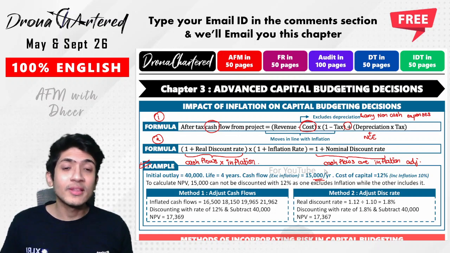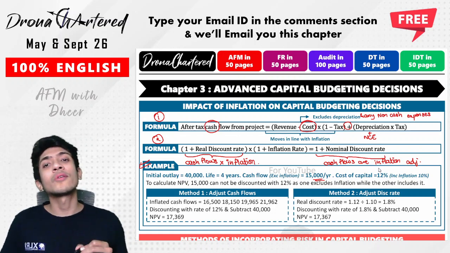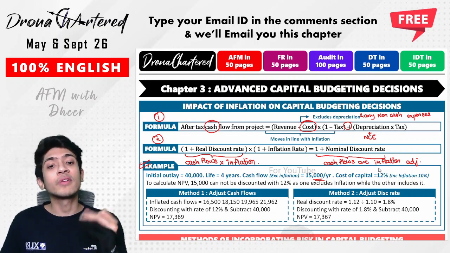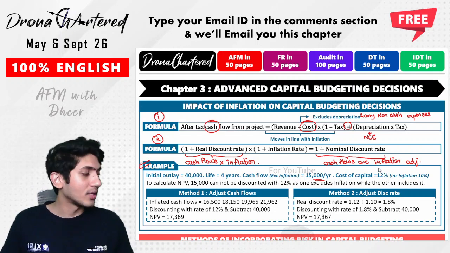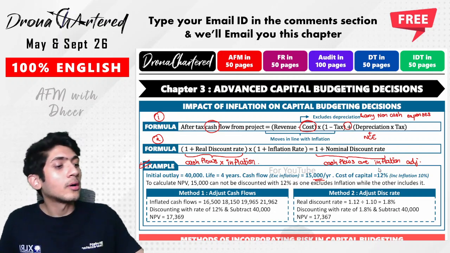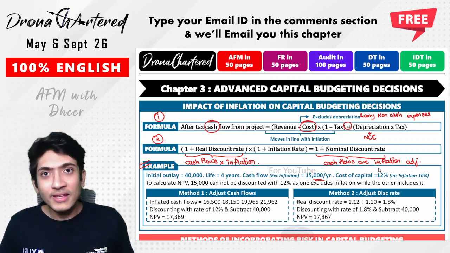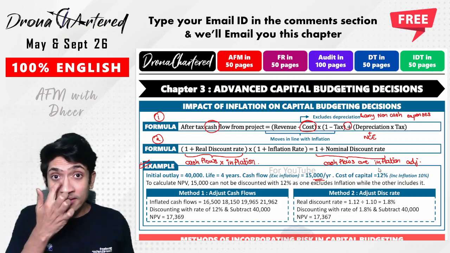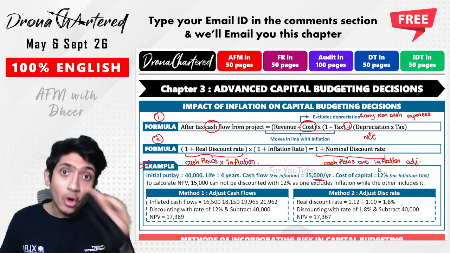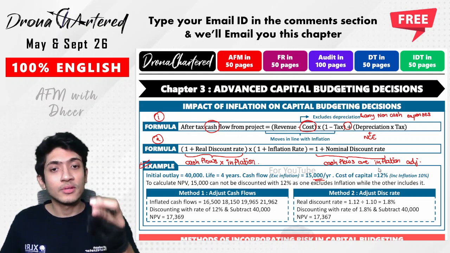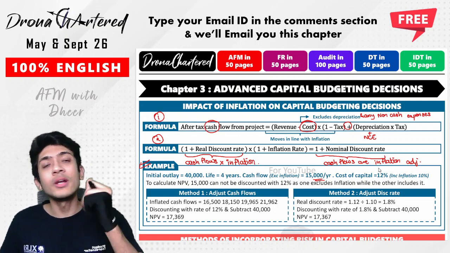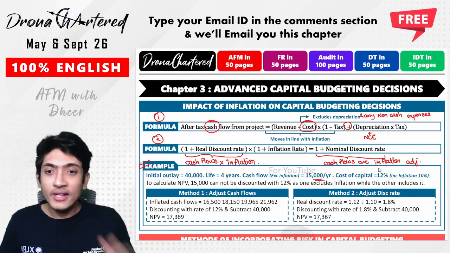Your cash flow is without inflation, but your cost of capital, that is your discounting rate, is including the effect of inflation. How do you approach this question? You can approach this question in two methods. You can either make the cash flows such that they are adjusted for inflation, or you can change the rate of the cost of capital and do it without inflation. So we will study both methods.